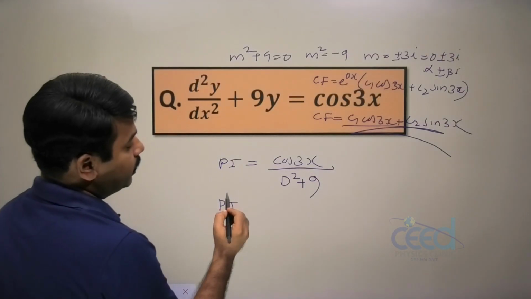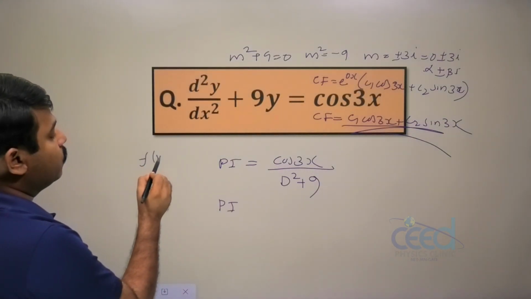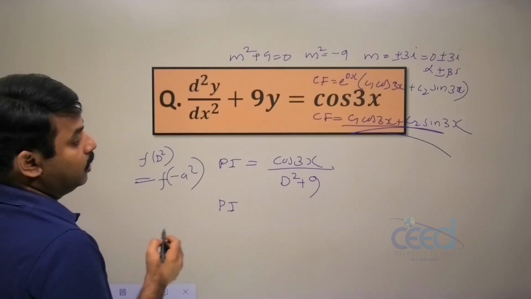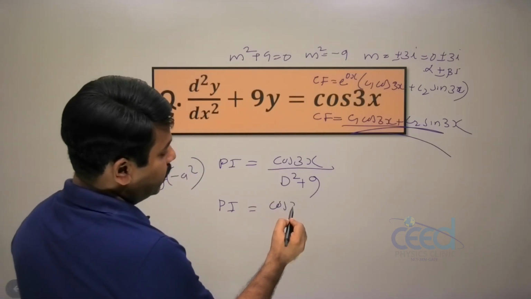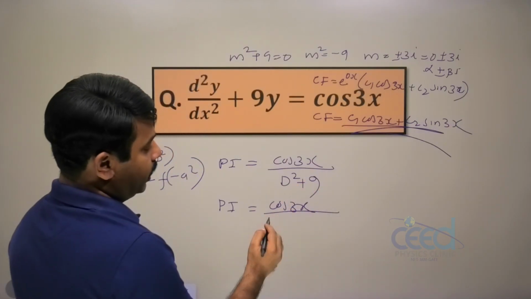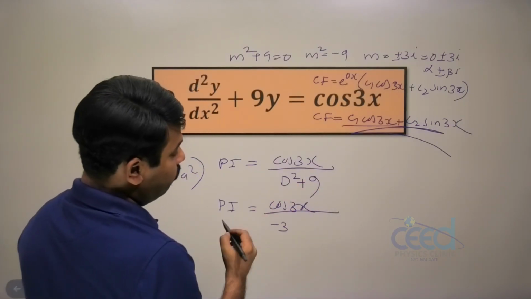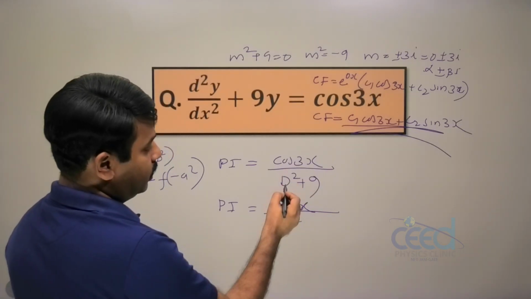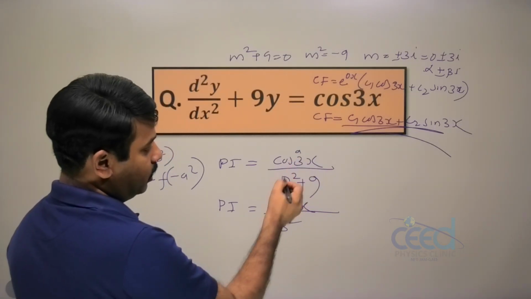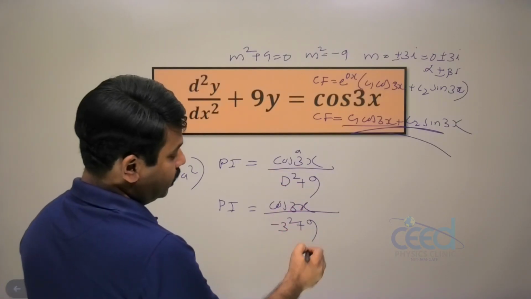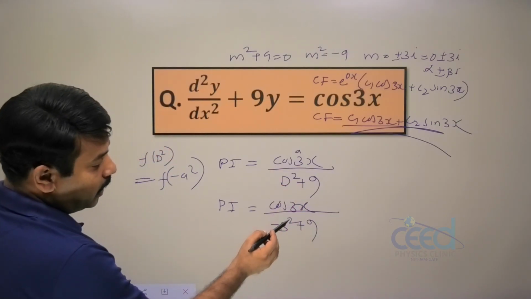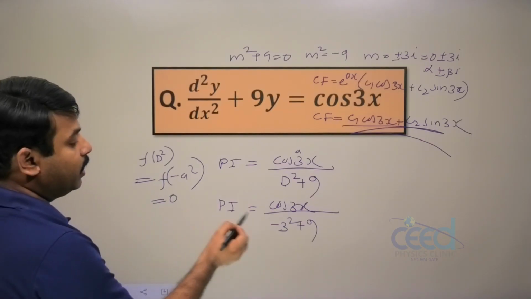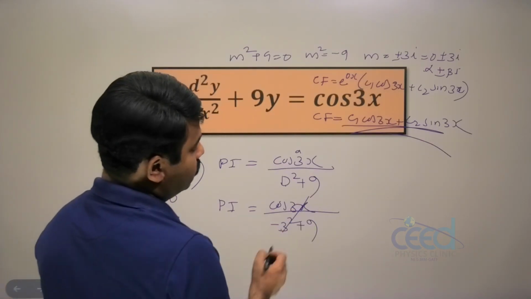We have to replace d square with minus a square. That means cos 3x divided by, we put minus 3 square, put this 3, this is a. F of minus 3 square plus 9, then minus 9 plus 9, what? 0. Denominator 0 means this is not possible.